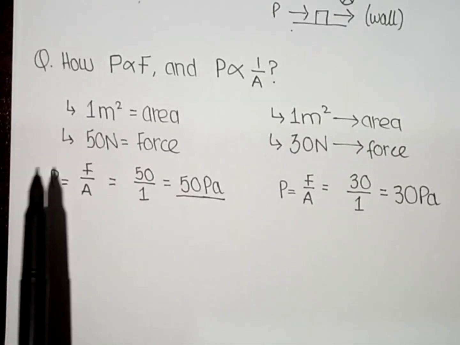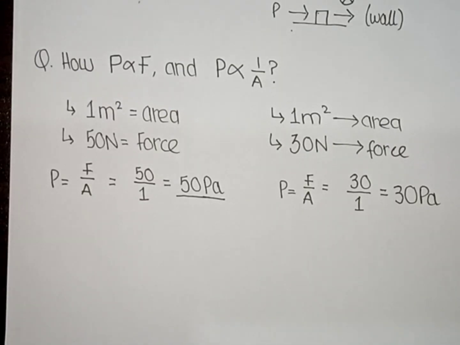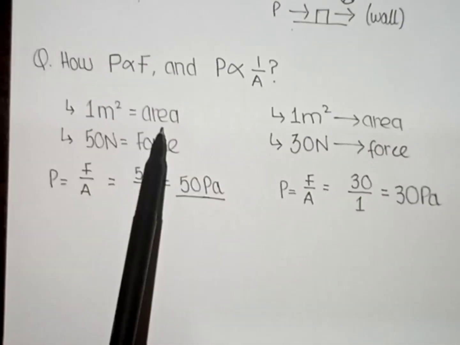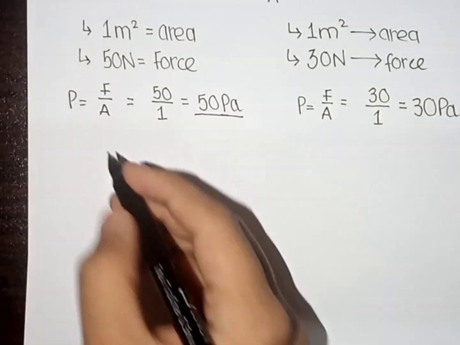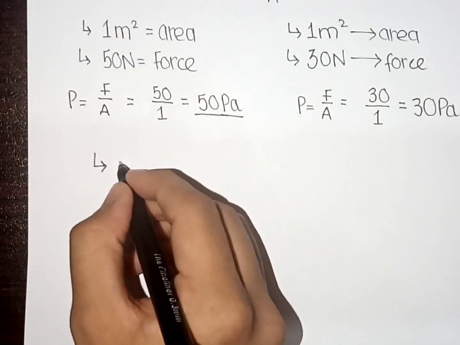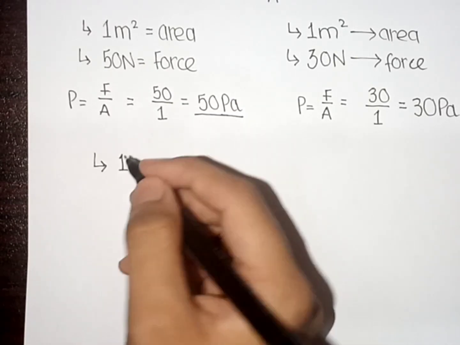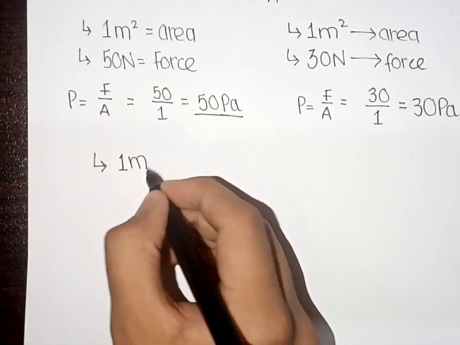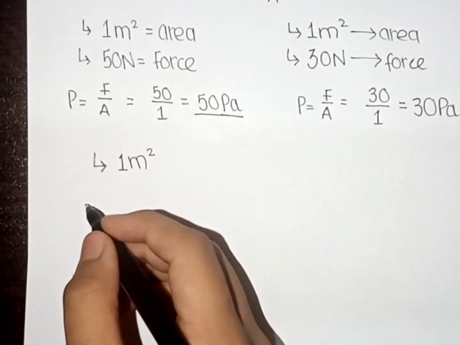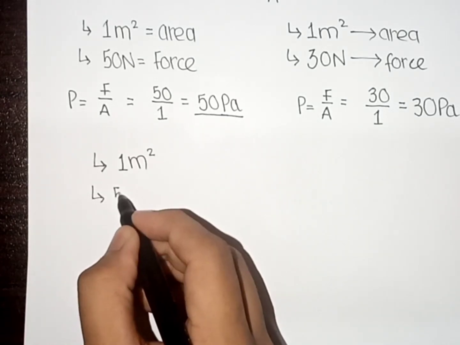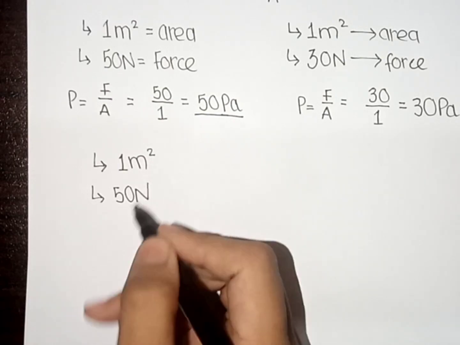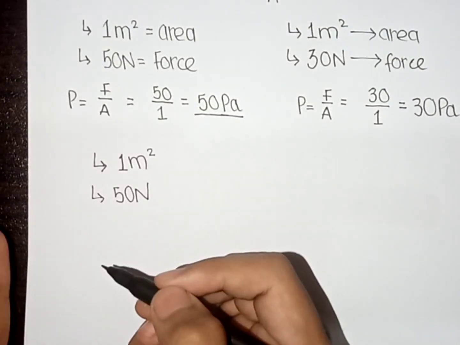Now we'll take an example of what happens if we also change the area. Okay, now come on. For example, we are taking 1 meter square and 50 newtons, the same force and area as before.